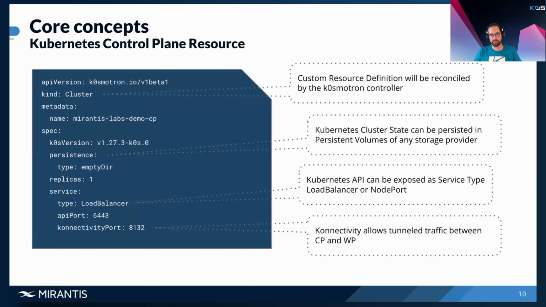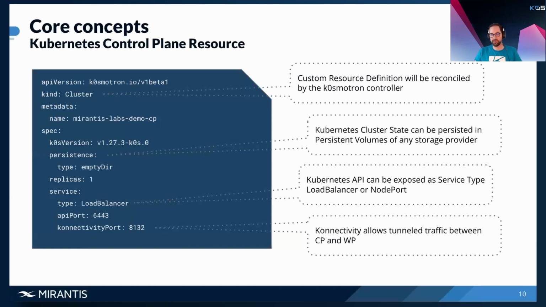And we can do that by either putting it into emptyDir, so very simple, or we can, of course, use PVs, so persistent volumes for that, or PVCs. We can have replicas, so in this case, we just have one, but of course, you can create a highly available control plane too, with, let's say, 3 replicas, like 3 nodes for the control plane, the Kubernetes control plane.